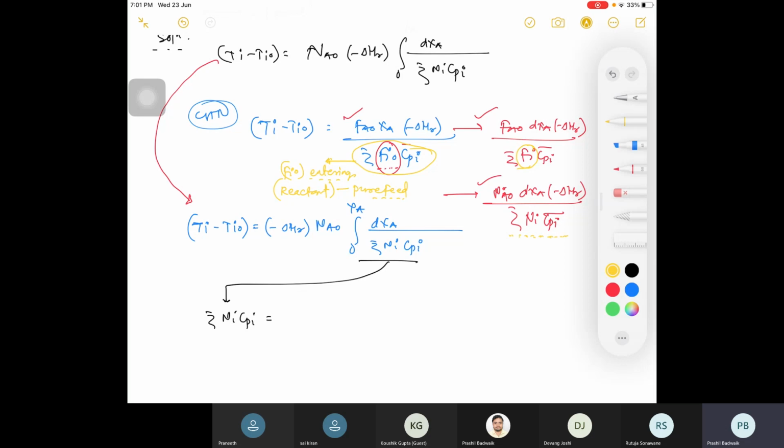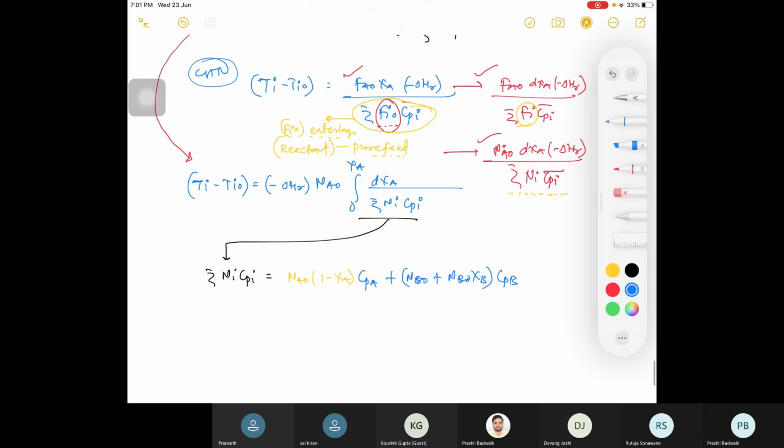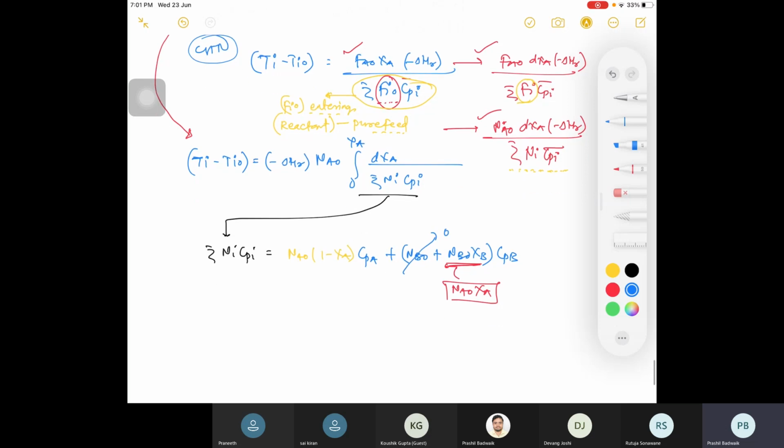So it is your Ni into Cpi, and that is your Na naught 1 minus Xa into your Cpa, plus your Nb naught plus your Nb naught into Xb into your Cpb, right? So from previous classes, you know Na naught into Xa is equal to Nb naught into Xb because of your reaction stoichiometry, and Nb naught is equal to 0.